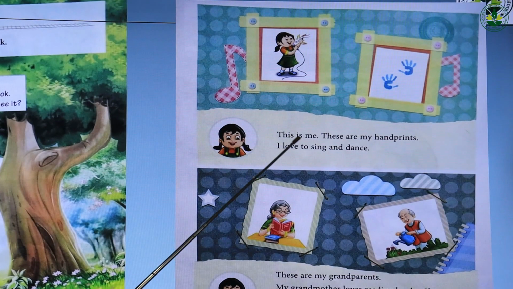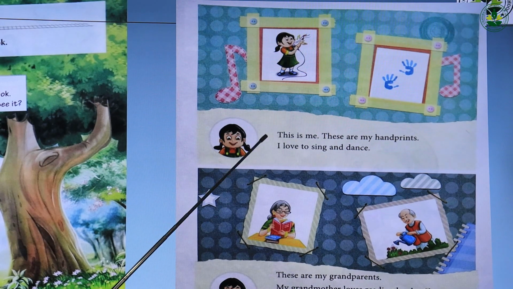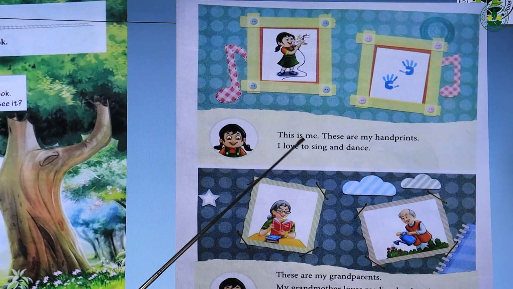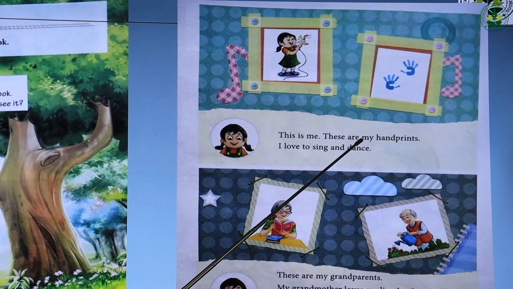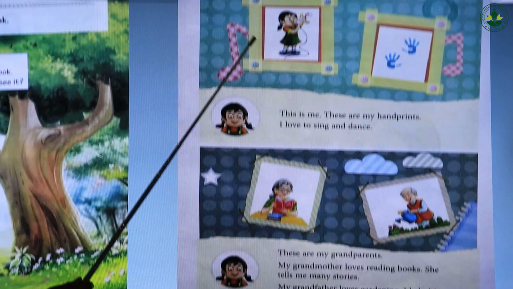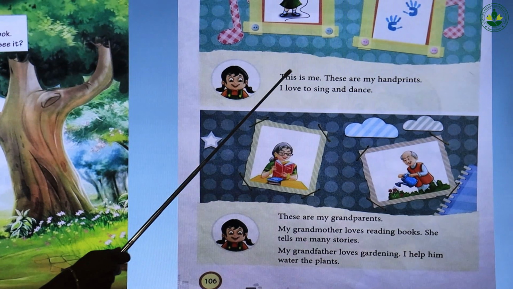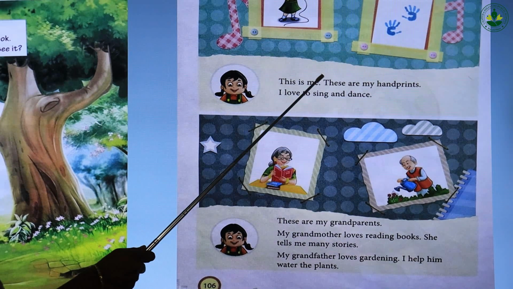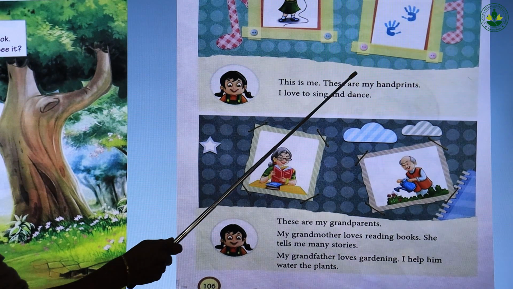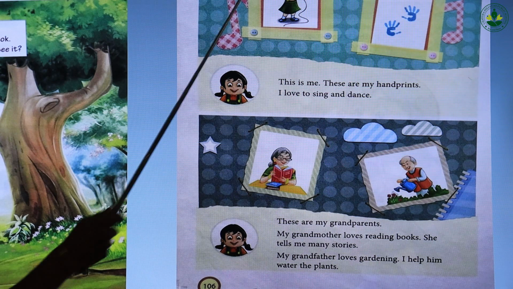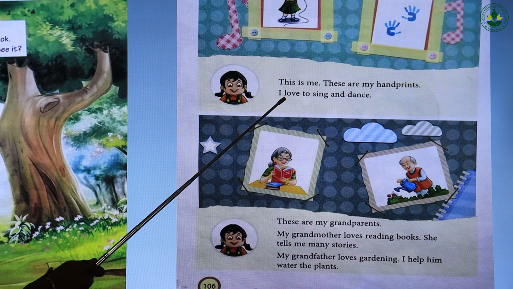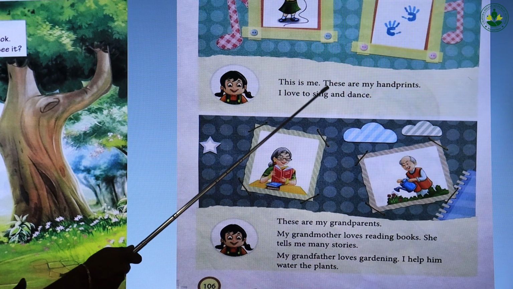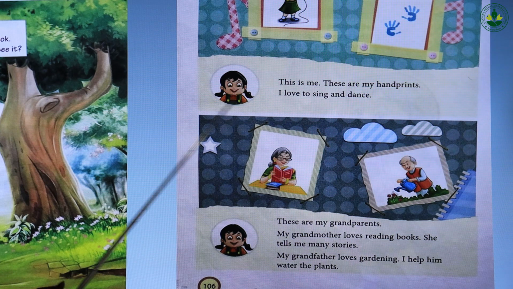This is me. These are my handprints. I love to sing and dance.